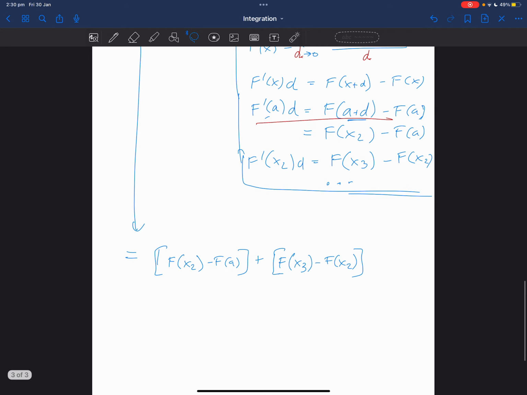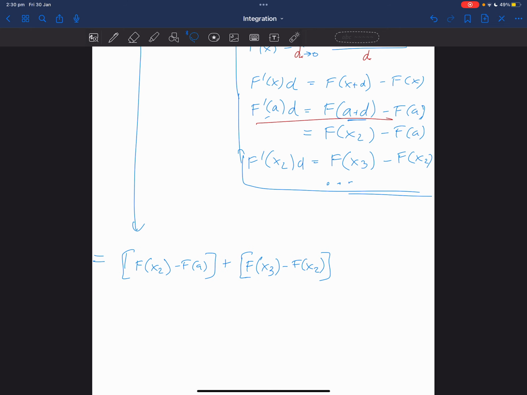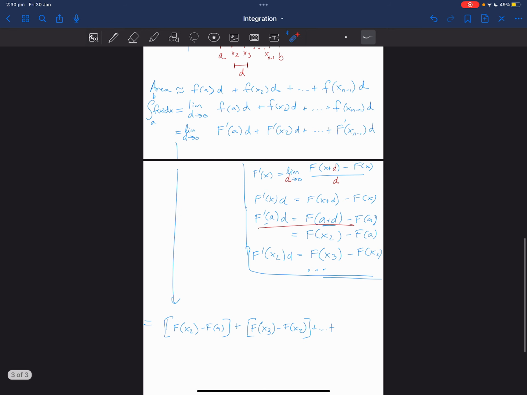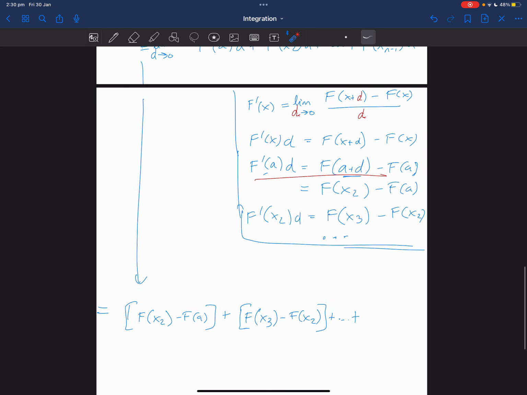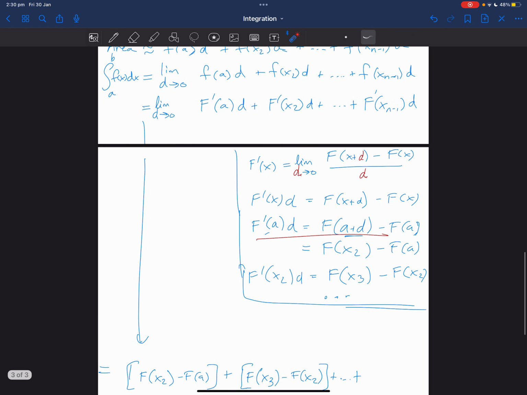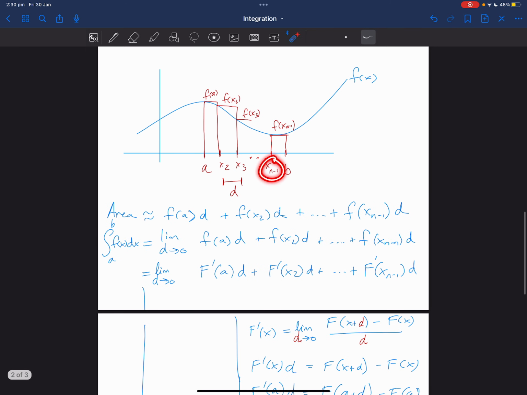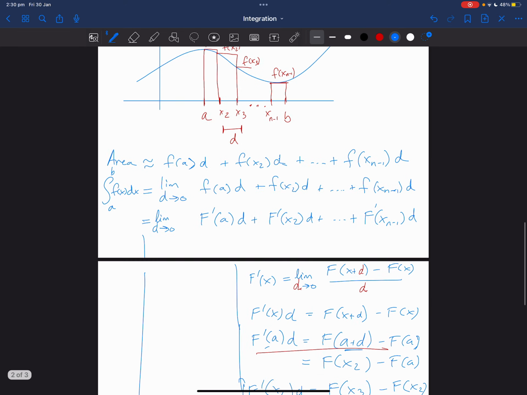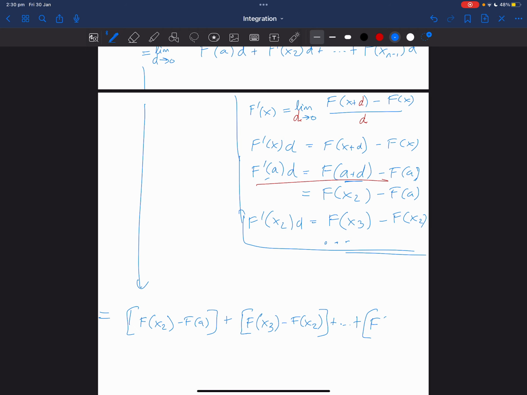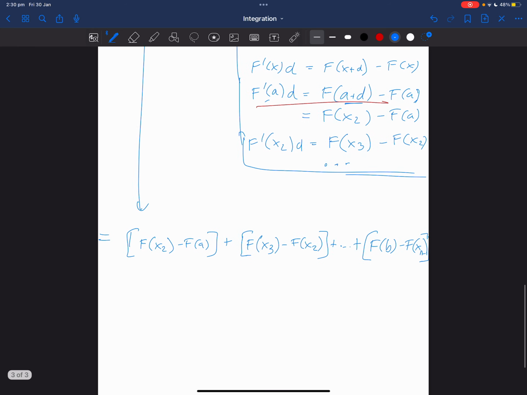And we keep going until the last term. So what's the last term? Well, we have f dash of x(n minus 1) times d. The value after x(n minus 1) is just b. So the last one is f of b minus f of x(n minus 1).